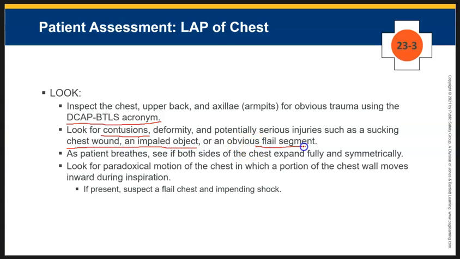We may notice a flail segment and that paradoxical motion. We can look for full inflation of the chest and symmetrical movement for possibly rib fractures, not just multiple rib fractures in multiple locations, such as a flail chest, but even a simpler one.